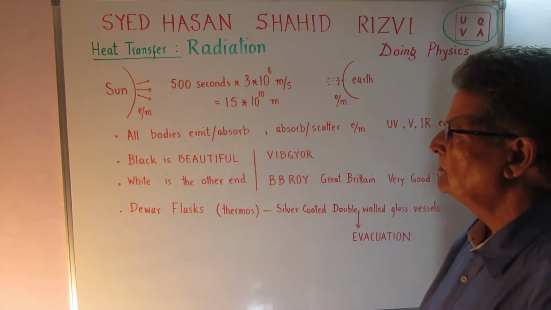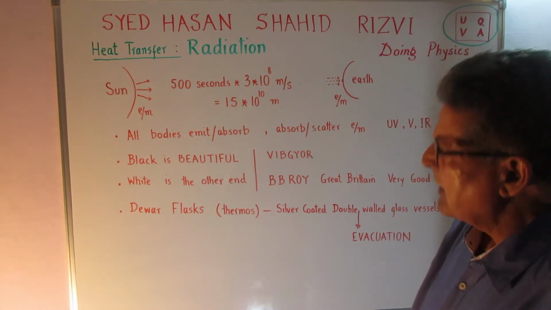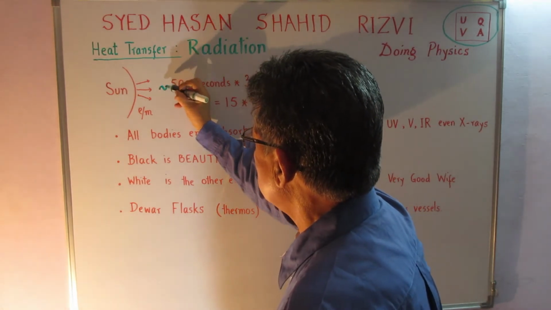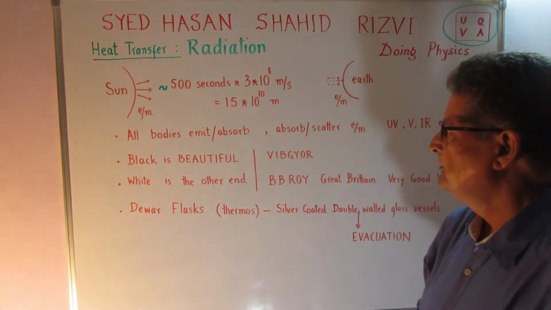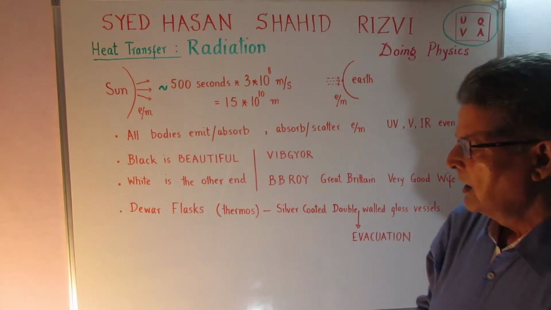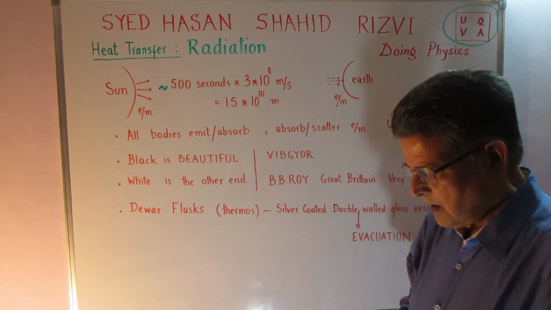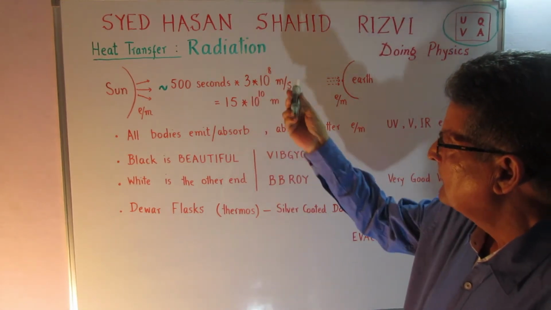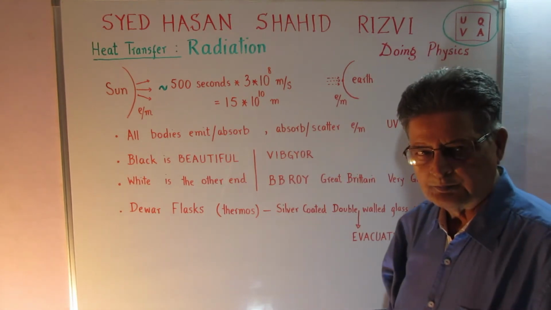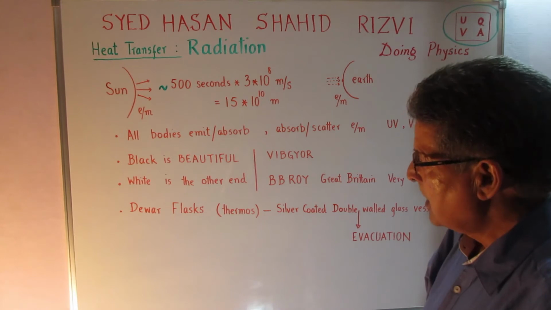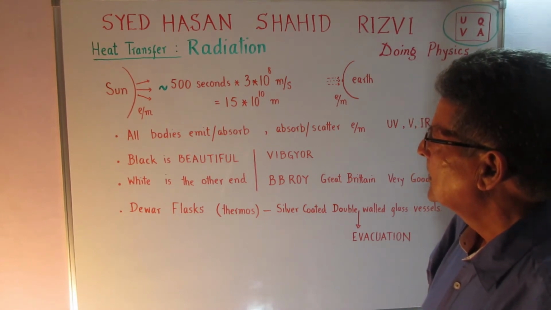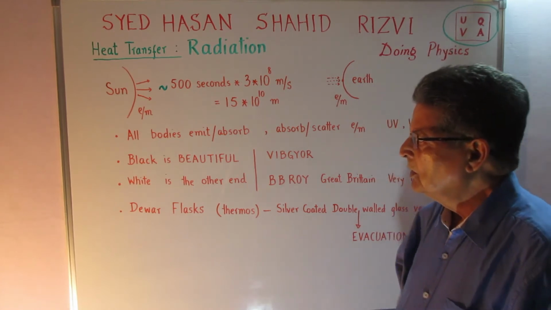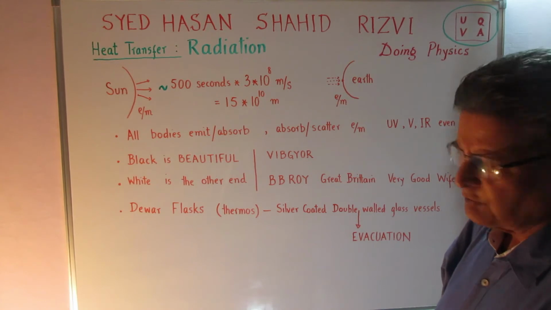How far is that? I'll not say exactly, but it is about 500 seconds of the speed of the rays, the waves, which are radiated out of the Sun through the vast vacuum.